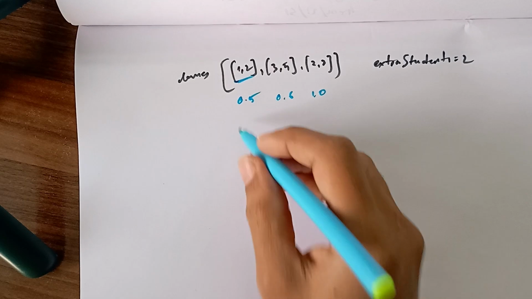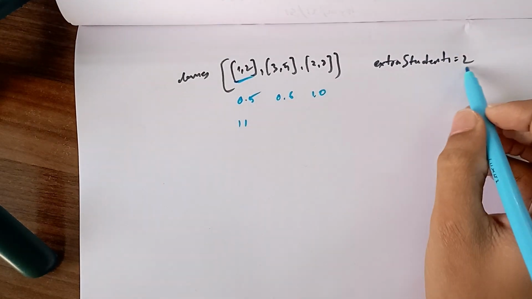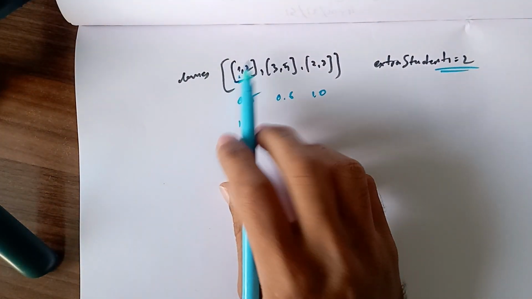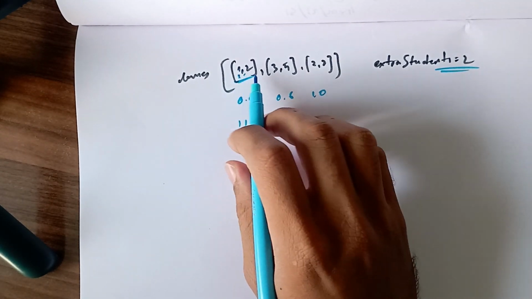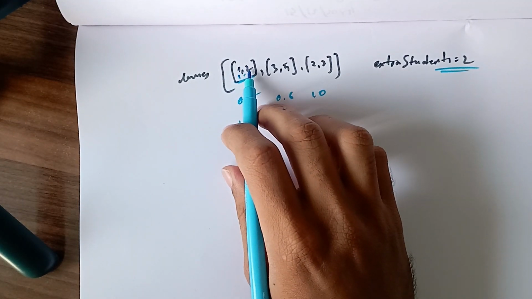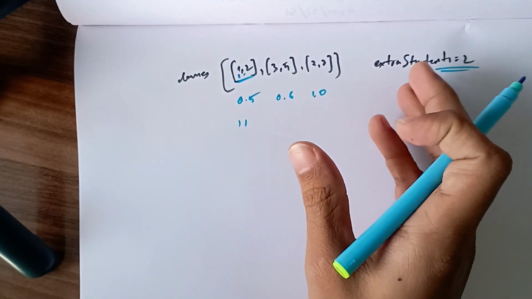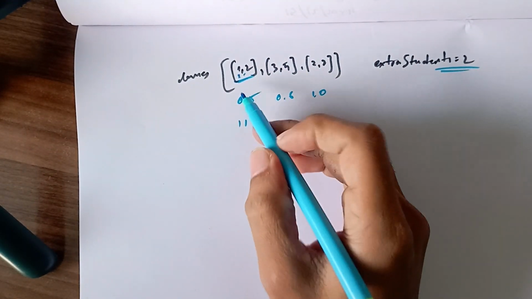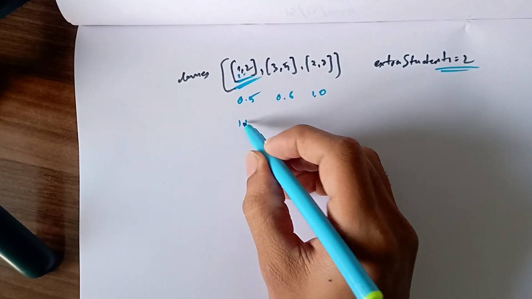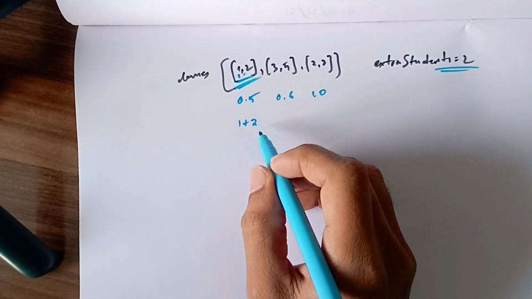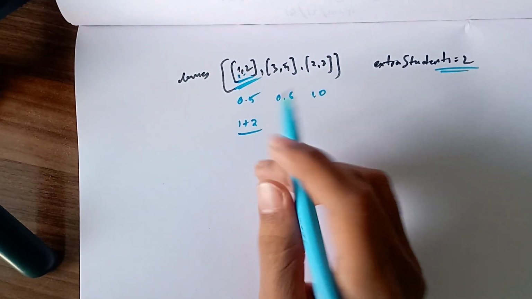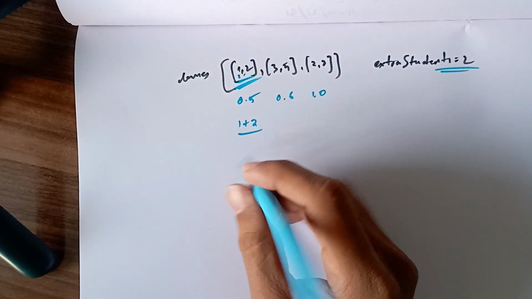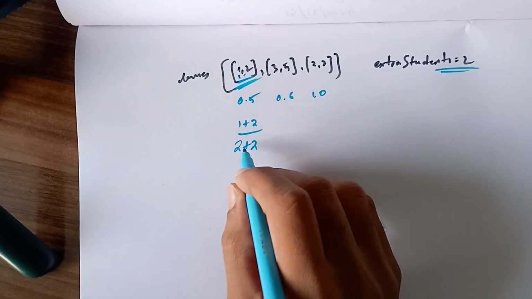But if you add two extra passing students to the class where the passing students are 1 and the total students are 2, then we also need to increment the total students.